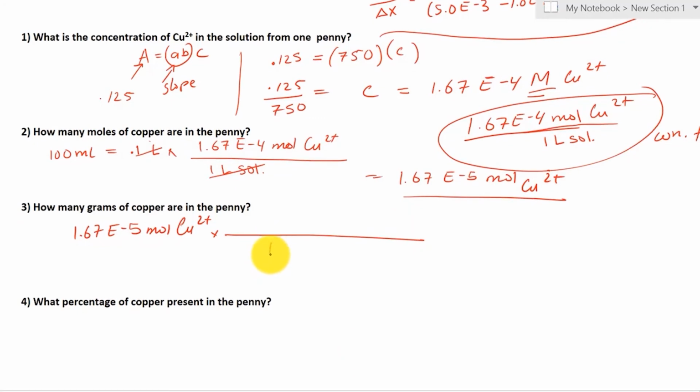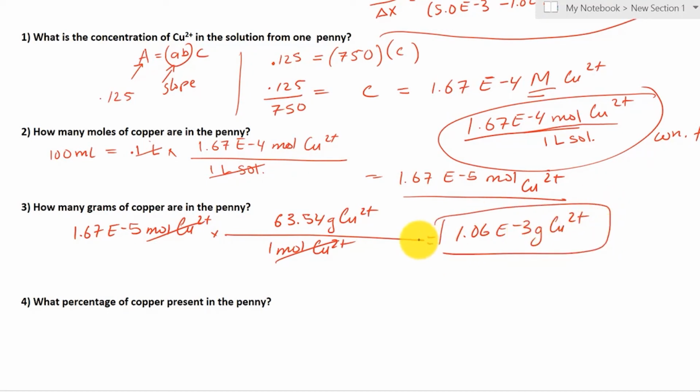So we have 1 mole of Cu2+ on the bottom, and the grams on top, 63.54 grams of Cu2+. The moles cancel out, and if we plug this into our calculator, we have 1.06 e to the negative 3 grams of Cu2+. And that would be the mass of copper in grams right there.